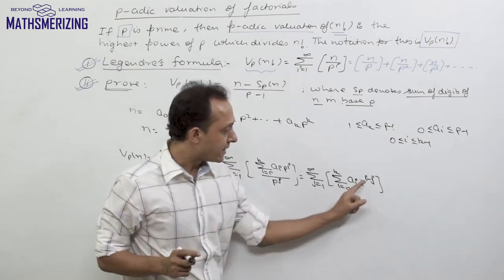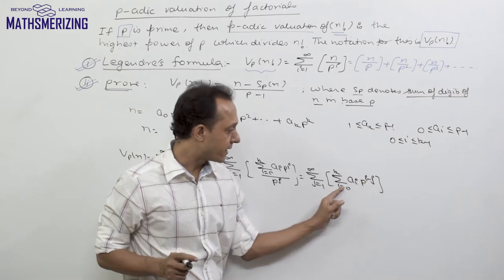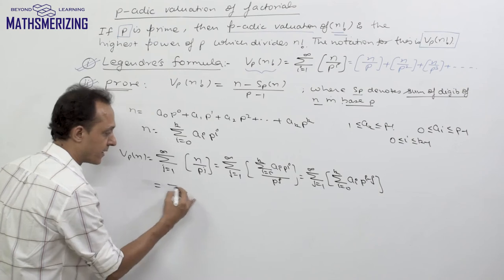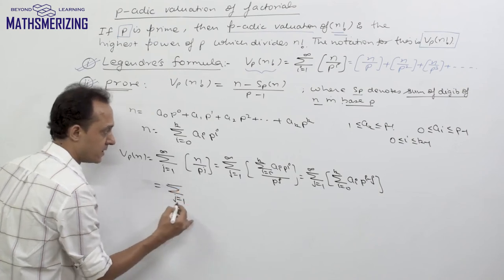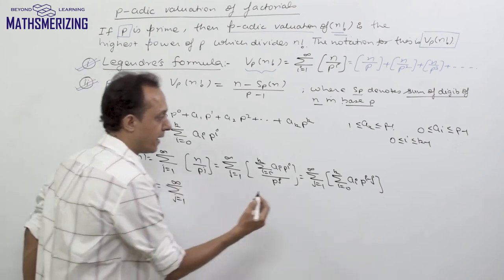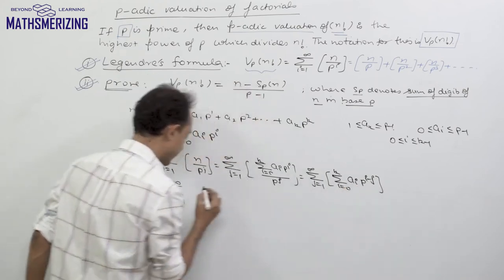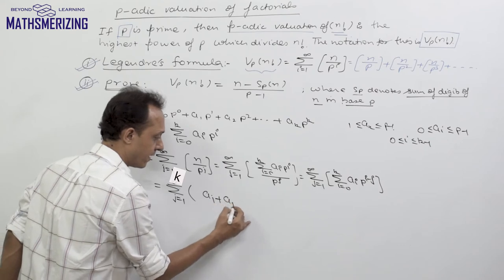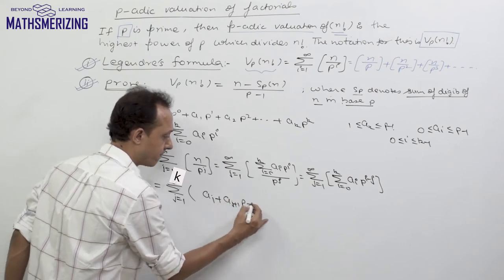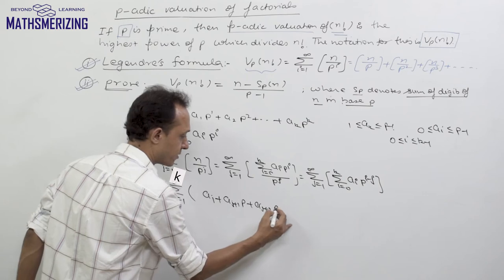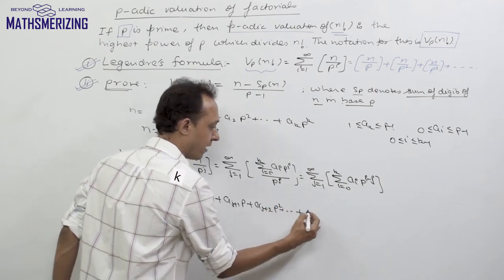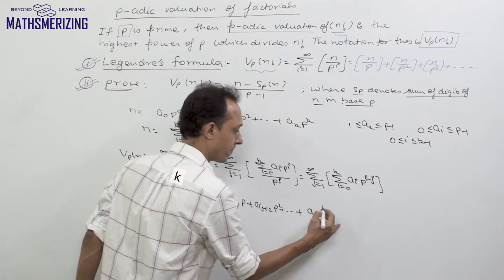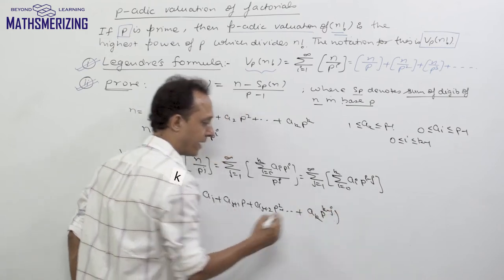Whenever i is j or greater than j, in that case I'll get an integral value from this. So all I need to do is simply write it as summation over j, and when i is equal to j, in that case it will be aj, then aj plus 1 into p, aj plus 2 into p square, and finally it will be ak p to the power k minus j.